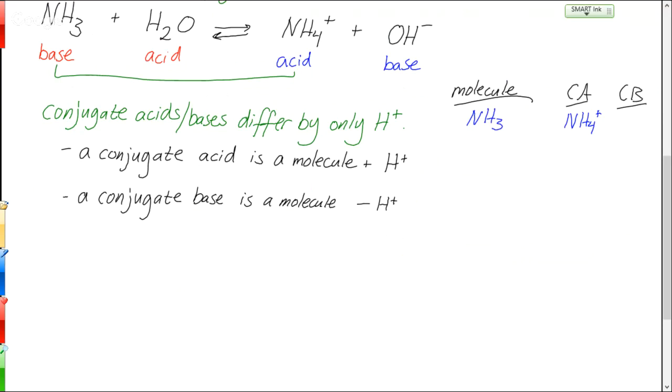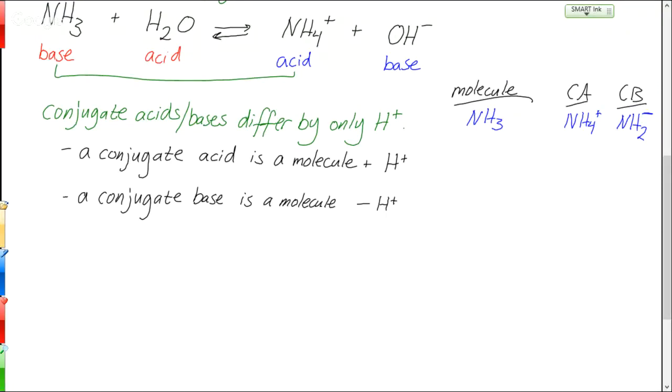You got NH3. You take away H plus. What do you got? You got NH2, right? And what about the charge? Negative, right. So if you take away an H plus from NH3, you've got NH2. And since you've taken away a plus, that has to be negative also. Yeah, that works.